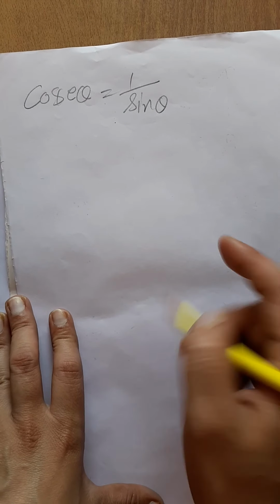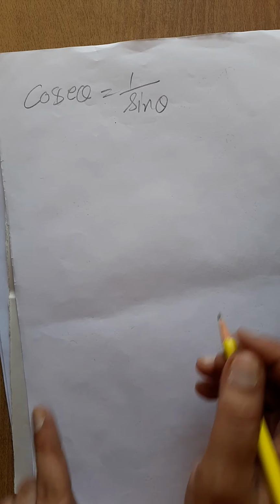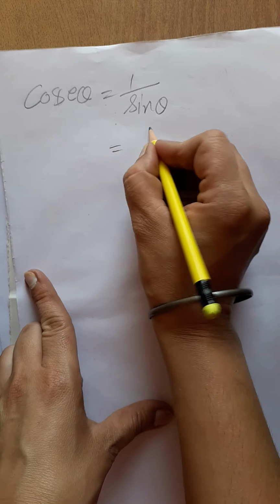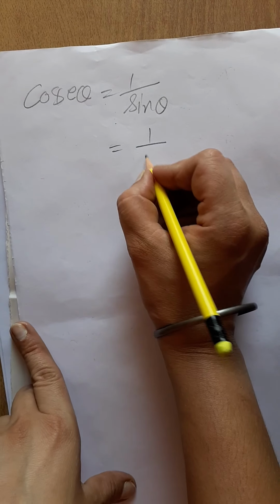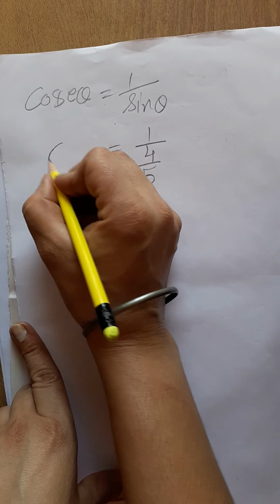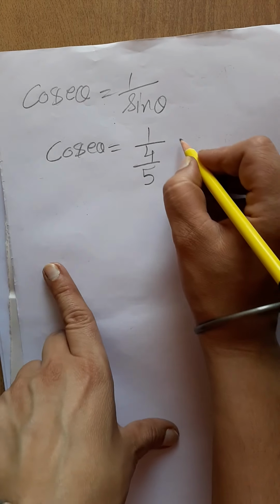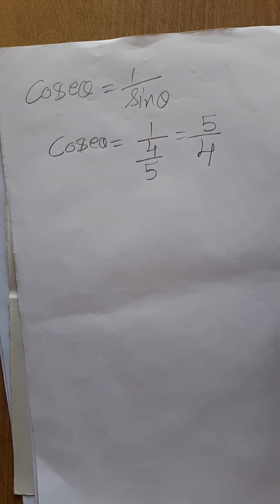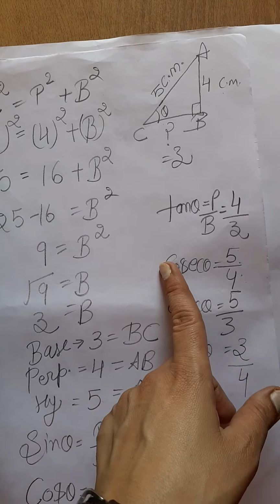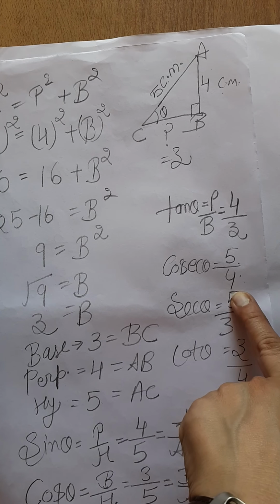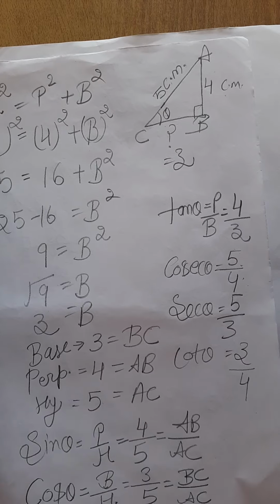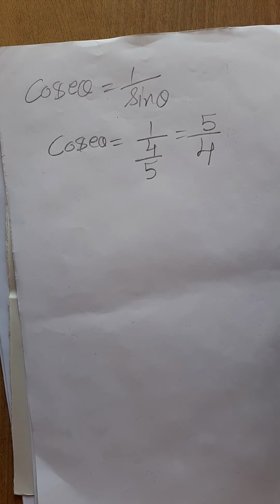You can check it: the value of sine is 4 by 5 in your question, and when you take its reciprocal, then you get 5 by 4. If you see in your notes, the value of cosecant is 5 by 4. That is the reciprocal of sine. So, we have this relation that cosecant theta is the reciprocal of sine.